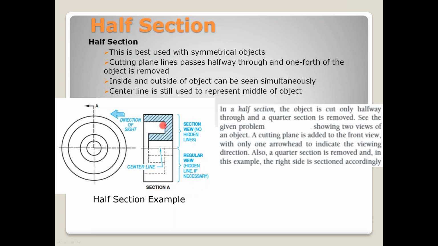So this is regular. This is your no hidden line. But to show the full half section, if everything is symmetrical, you would just show a section of the view.